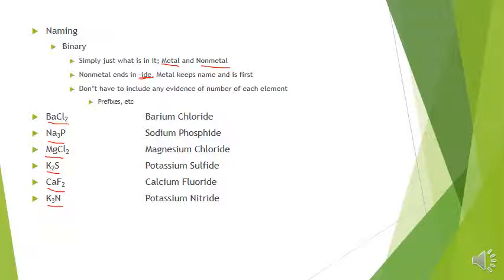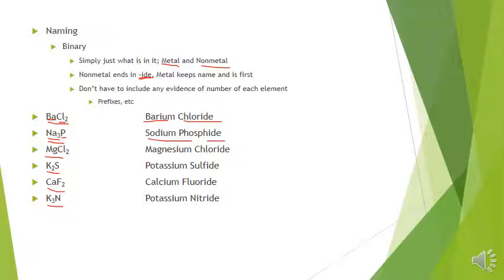You don't have to do anything with the numbers. So for BaCl2, you don't have to say that there's two chlorines. All you have to do for this one is write down who's in it, barium and chloride. So the chlorine becomes chloride. Na3P is sodium phosphide.